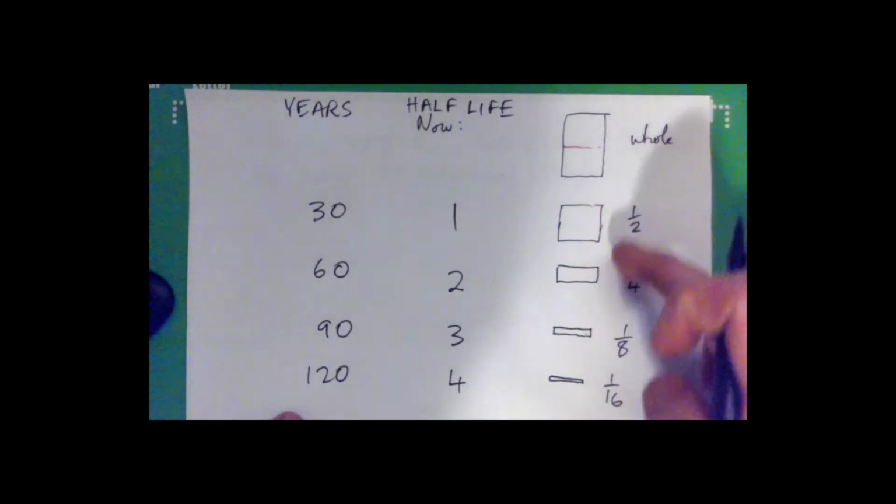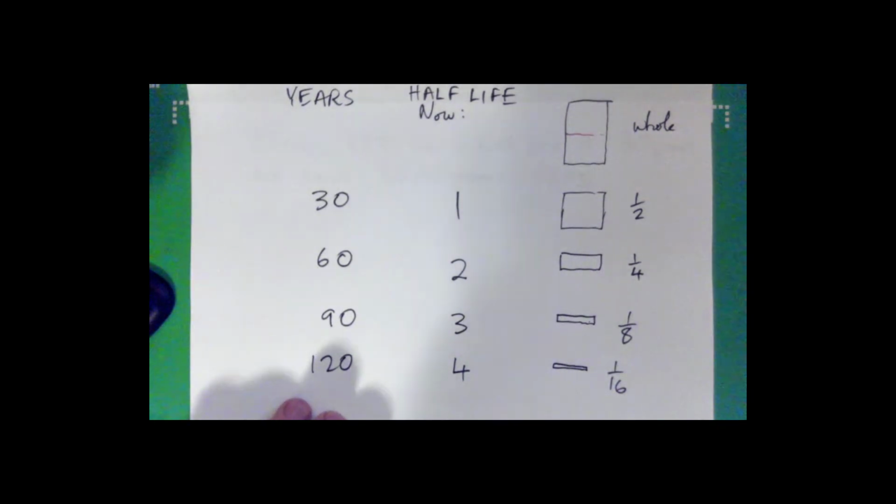The next line is going to be 4 half-lives. What does that look like? 120 years' time. Perfect. And how much remains? Yes, 1/16. So half of this is remaining, 1/16. And that's how it goes. But this is the basic concept. Do we get that? Is that clear?